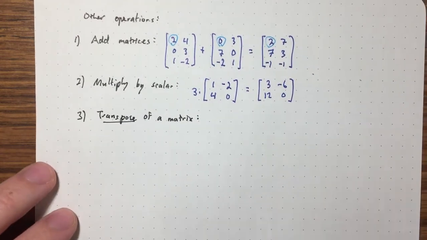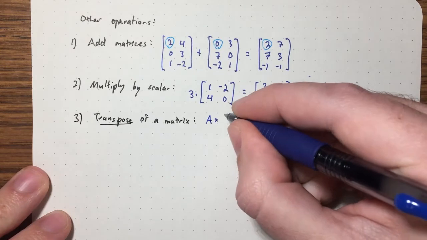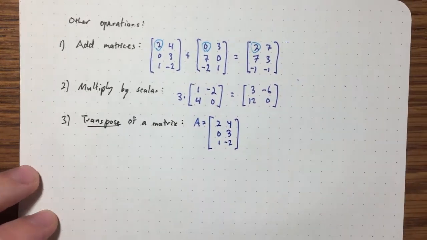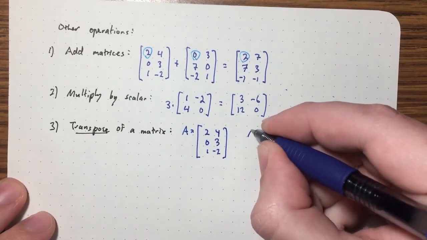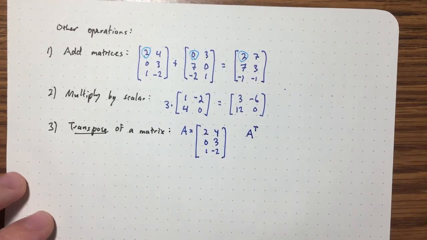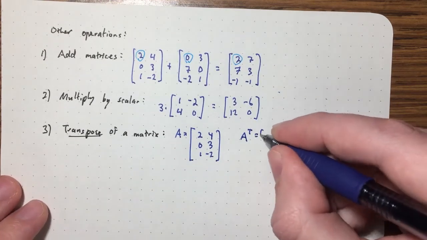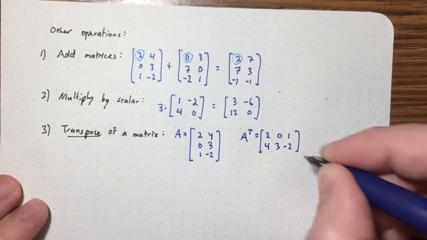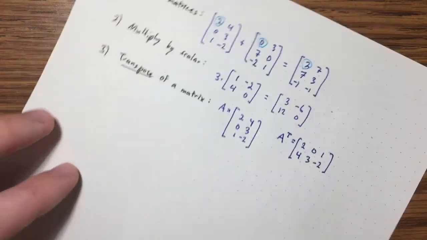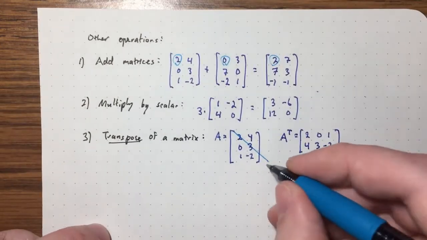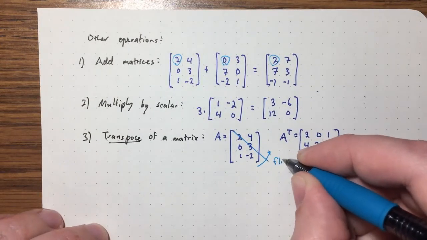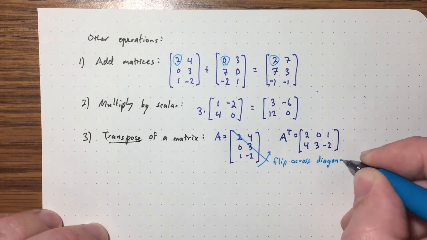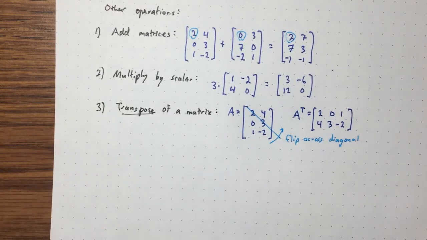So if A is, let's just do this matrix 2, 4, 0, 3, 1, negative 2, then the transpose of A, denoted AT, is this matrix, 2, 0, 1, 4, 3, 2, 3, negative 2. How did I get that matrix? I just flipped across the diagonal. So that's how you get the transpose. The rows become columns, the columns become rows.